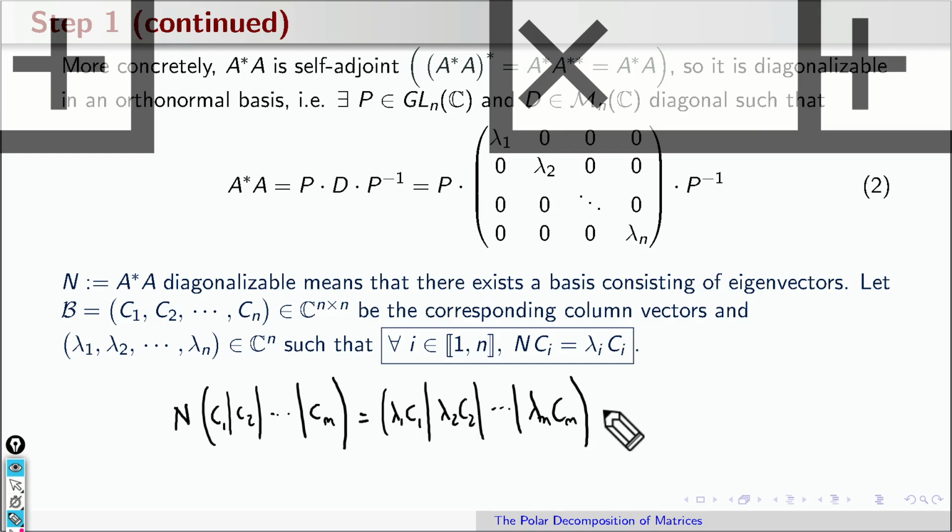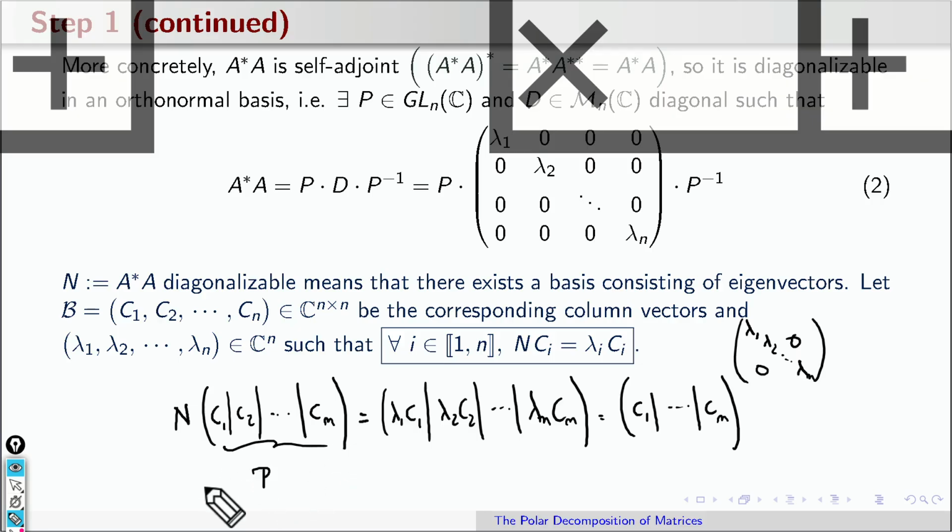And here we can also recognize a product of matrices, column 1, column n, multiplied by this diagonal matrix, lambda 1, lambda 2, lambda n, and the rest is 0. So if I decide to call this matrix P, I have NP equals PD.